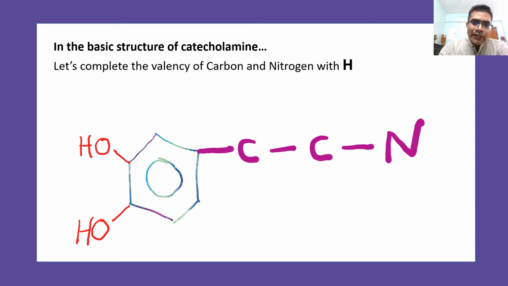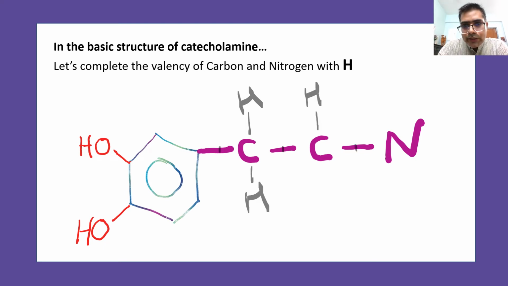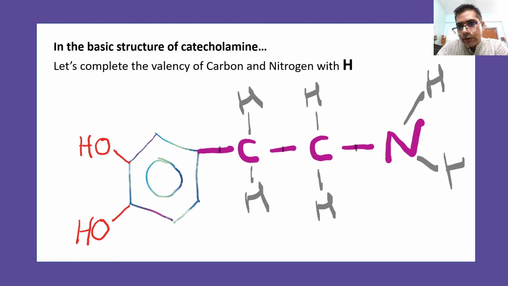Now let's start with this carbon. The valency of carbon should be 4, 1, 2, so we have to add 2 more hydrogen here, 3 and 4. Now come to the next carbon, 1, 2, this is 3 and this is 4. And this is nitrogen, one valency is completed by the bond, so we have to add 2H here.